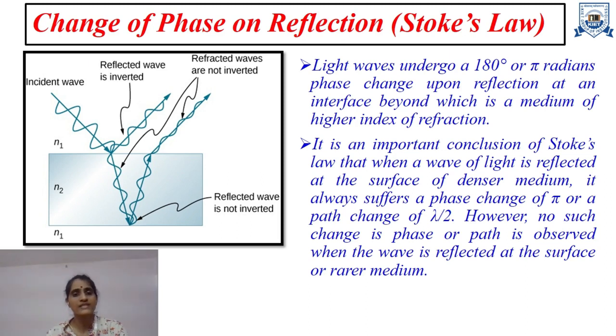There also we see that the wave is not inverting its phase and it is traveling smoothly and moving outward. So in this whole process, clearly the phase of the wave only changes at the point of reflection, whereas the phase is not modified at the refracted part and the reflected part from the lower surface of the denser medium.